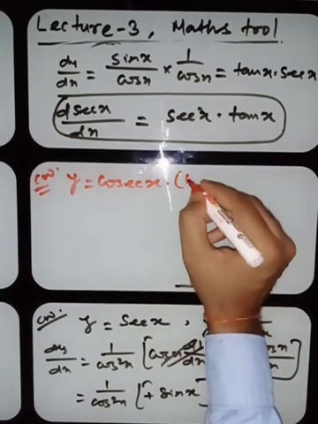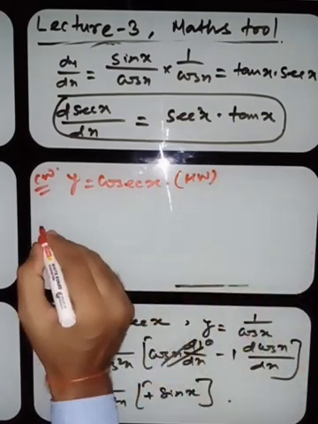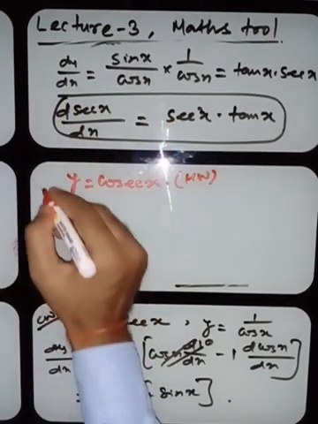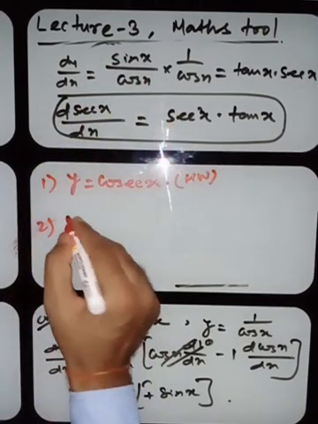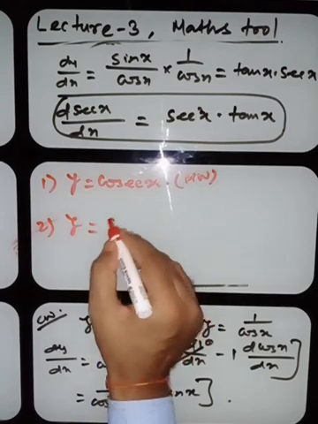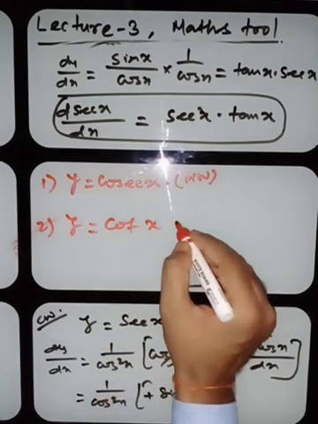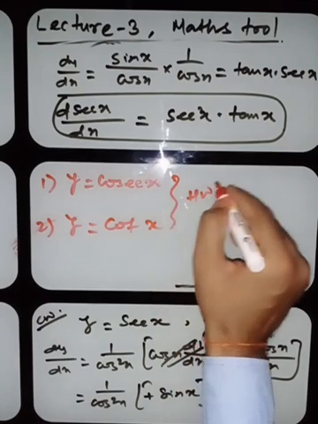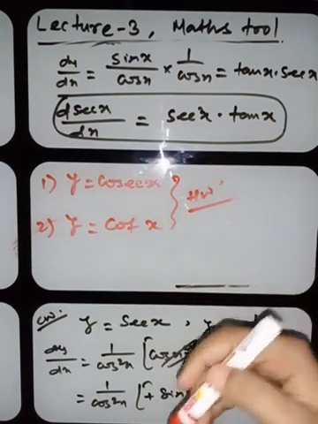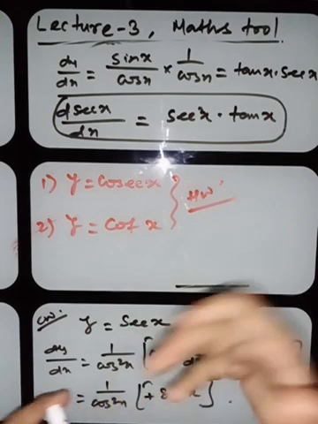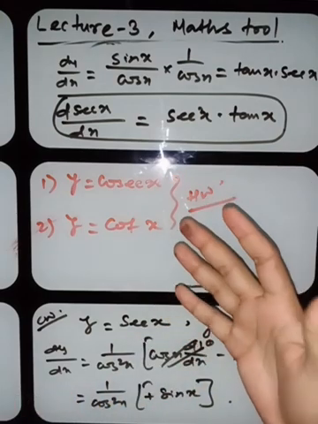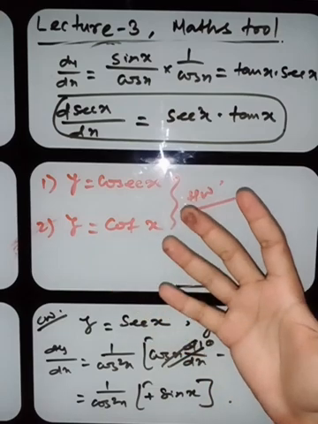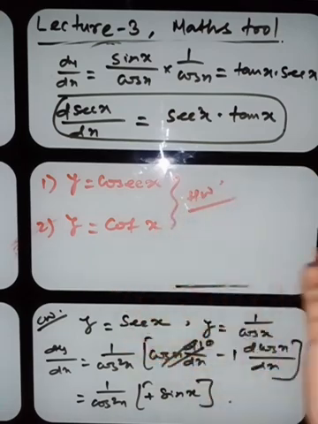I am leaving this to you, this is your homework, and the second homework is cot x. Alright, those two are homework, my dear student. I hope you will be able to solve this differentiation in a very easy way.